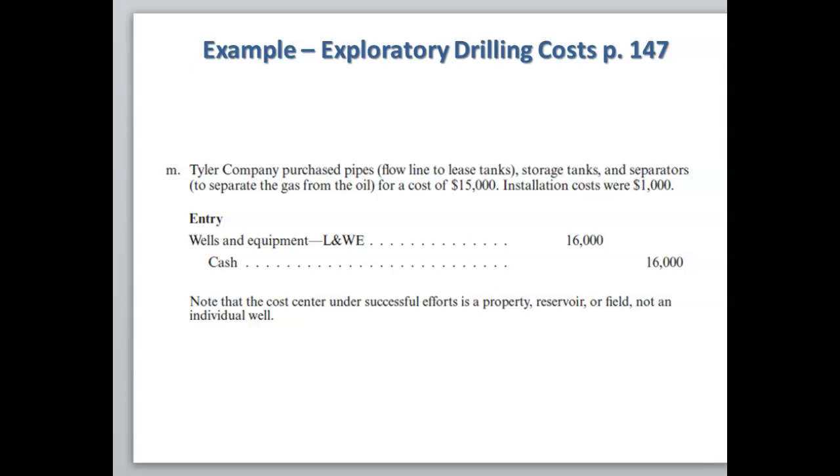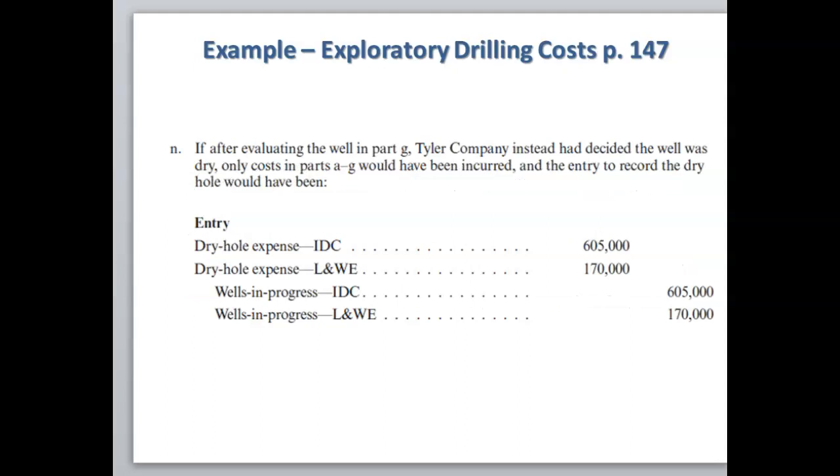Or instead of the well being successful with some reserves, if the well had been dry and we decided not to complete the well, we would make this entry. If after evaluating the well in Part G, Tyler Company instead had decided the well was dry, only costs in Parts A through G would have been incurred, and the entry to record the dry hole would have been, we would have reclassified the amounts in our wells in progress, IDC for $605,000.